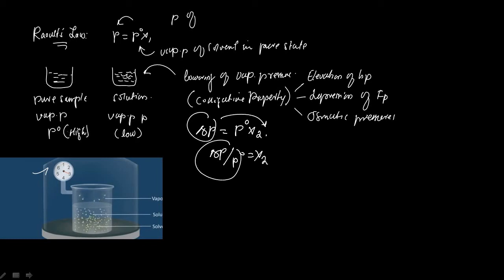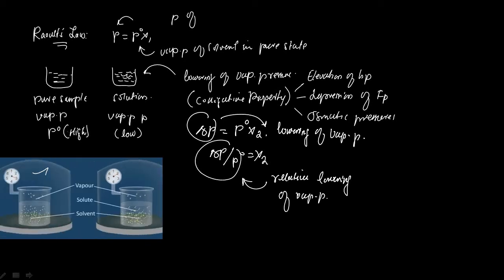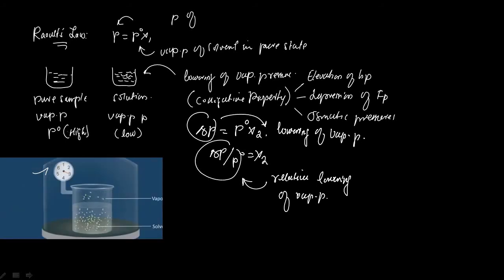This is the lowering of vapor pressure, and this expression tells us the relative lowering of vapor pressure. The lowering of vapor pressure is equal to the vapor pressure of the solvent in pure state multiplied by the mole fraction of solute.